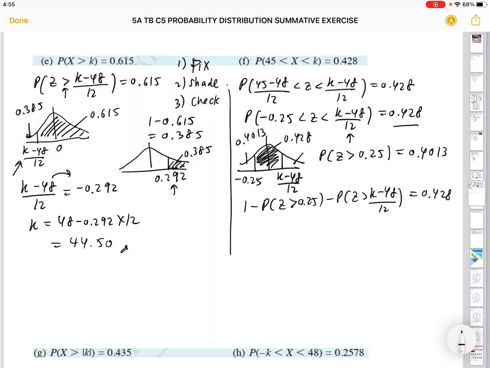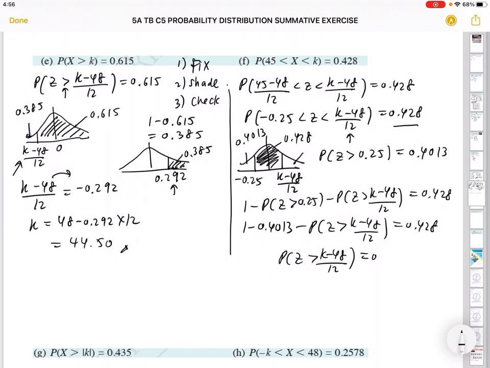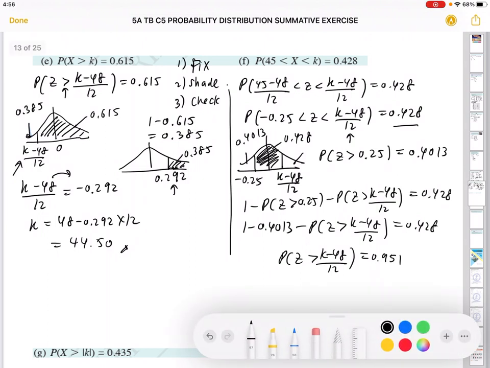This is P(Z more than (k minus 48) over 12) equals... and this area, when you do 1 minus everything, it will give us... Sorry, I think I wrote wrongly. This is 0.1707. Sorry. So this part here is 0.1707.